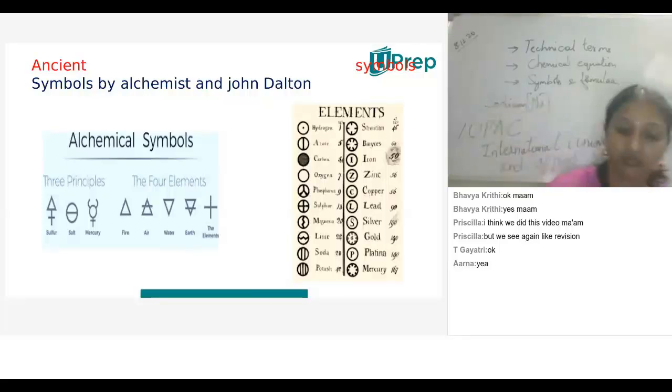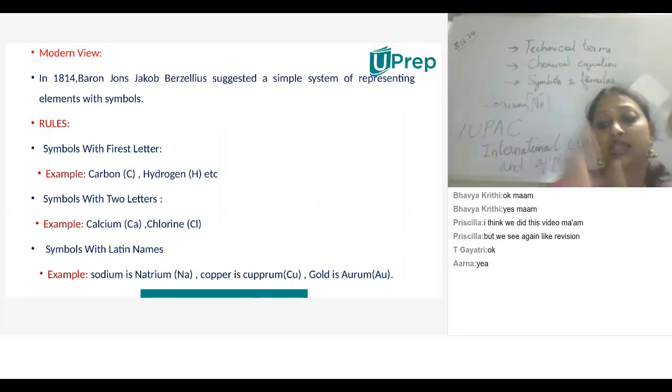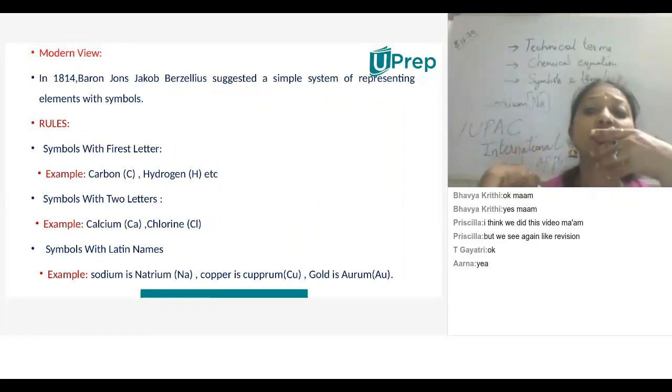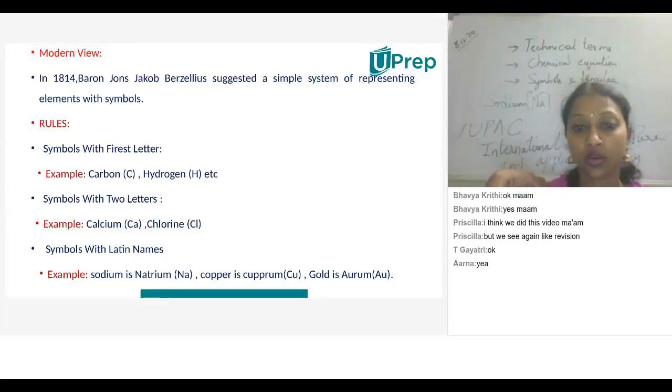So next, Berzelius has given different views based upon prominence to the first letter and prominence to the second letter, even with the Latin names. Okay, so the modern view. In 1814, Baron John Jacob Berzelius suggested a simple system of representing elements with symbols. So how to represent the elements with symbols?